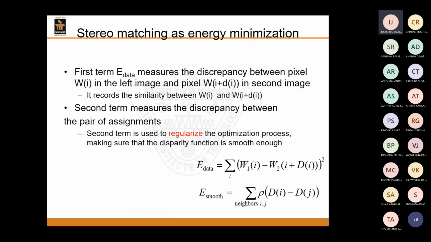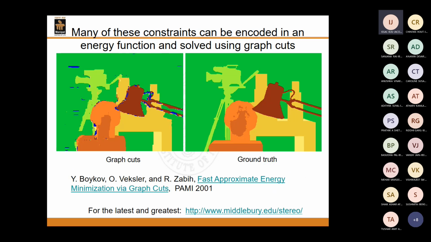If we look at an example of the result of using the smoothness constraint, this is how you get the result. In the previous class, we saw how the disparity map can be used to reconstruct this kind of image, to see the relative depth of various objects from the stereo images.